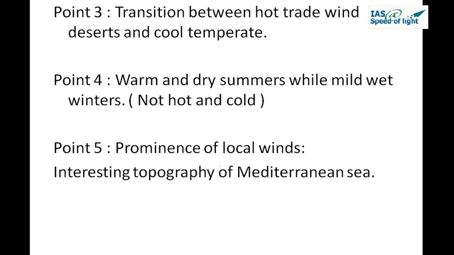Now, another point is this is actually the transition between hot trade wind deserts to the cool temperates. Now, as we are saying, the tropics were hot. These are the tropics, equator. So these were quite hot because for some part of the year they get direct rays from the sun.